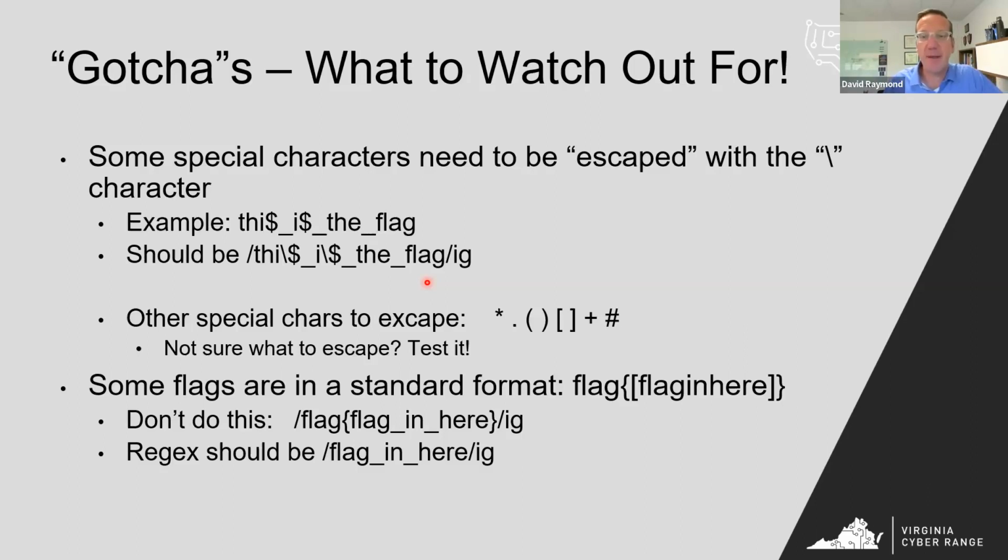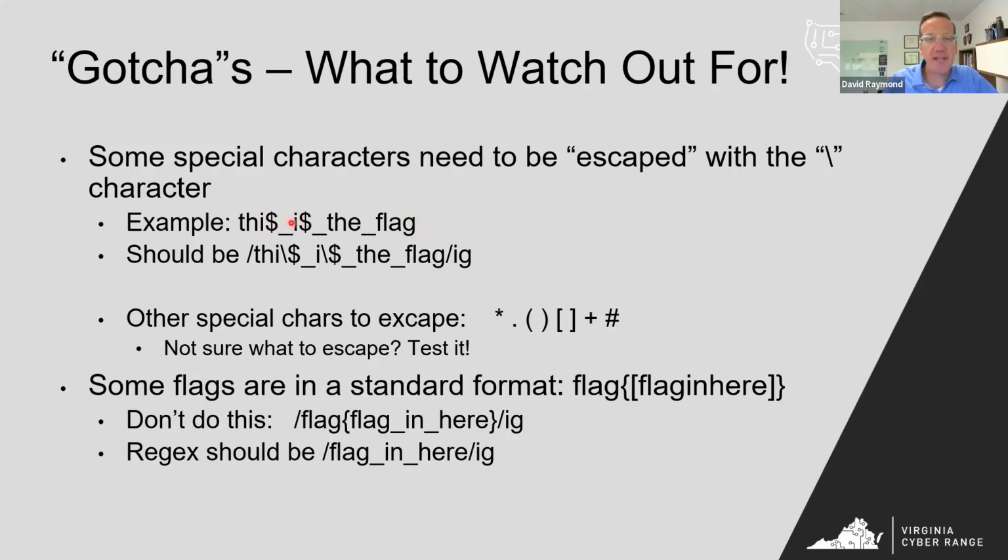The primary gotcha is that there are special characters that have to be escaped. So for example, if I have a flag that looks something like this, right? This has dollar signs in it.